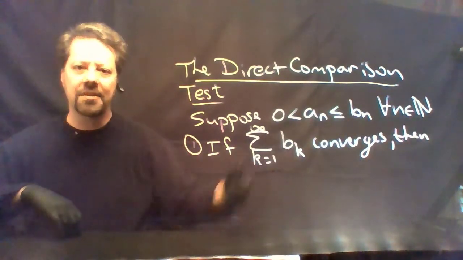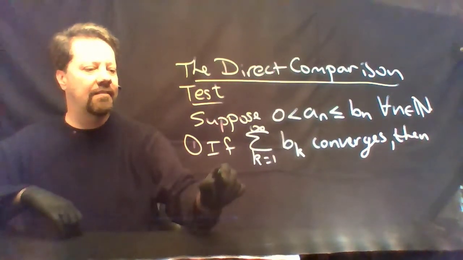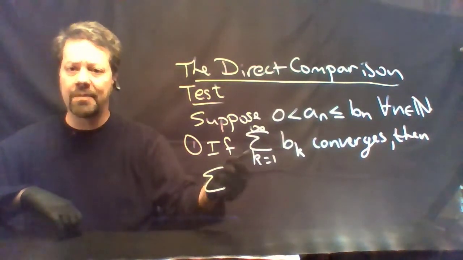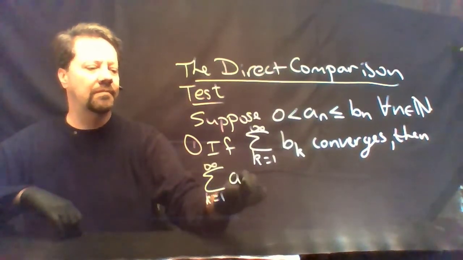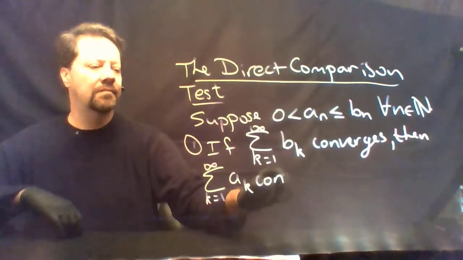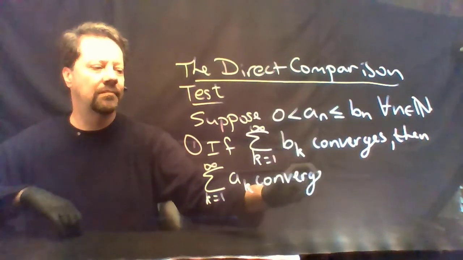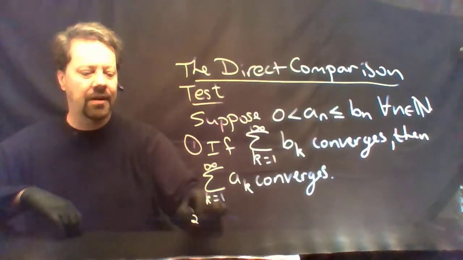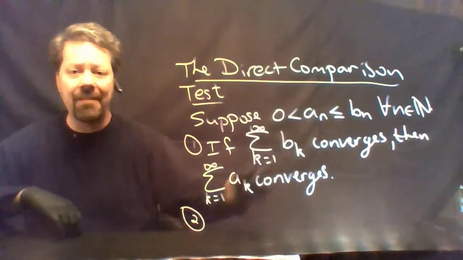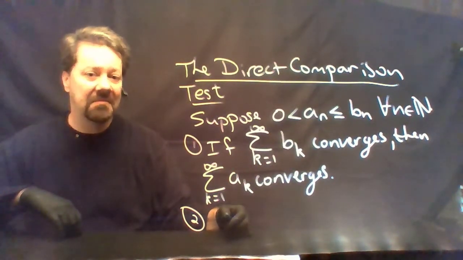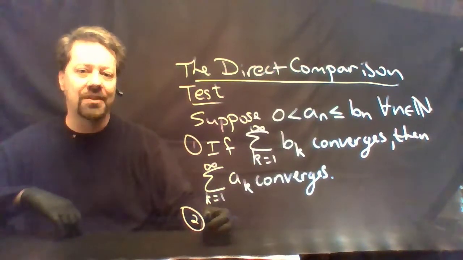If the sum of the larger series converges, then the smaller series must converge too. Alternatively, if the smaller series diverges to infinity, then the larger series must diverge as well.